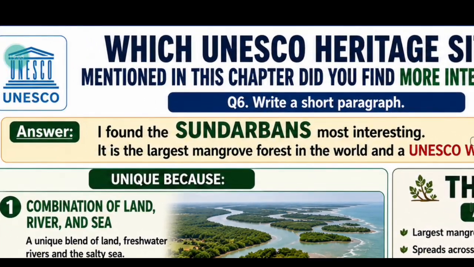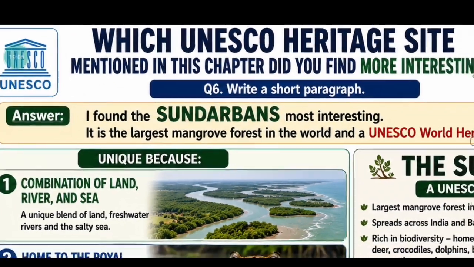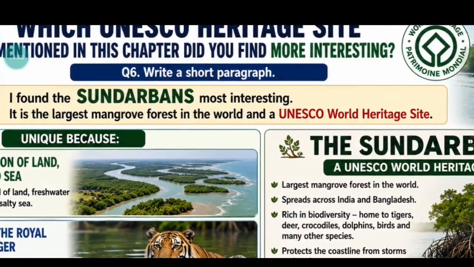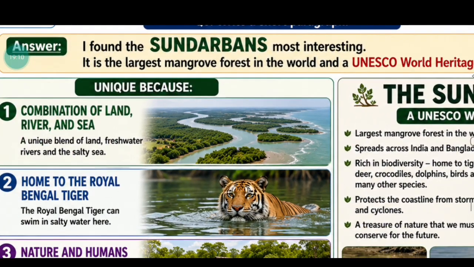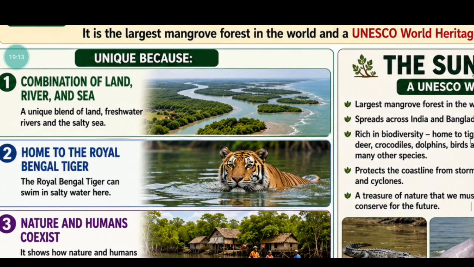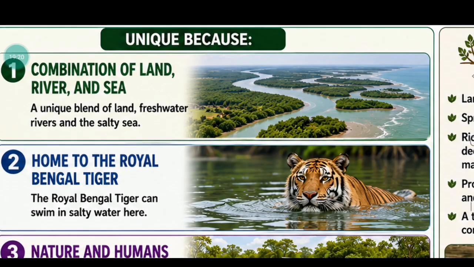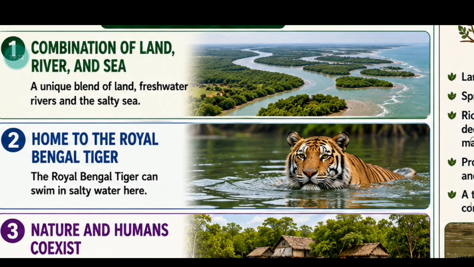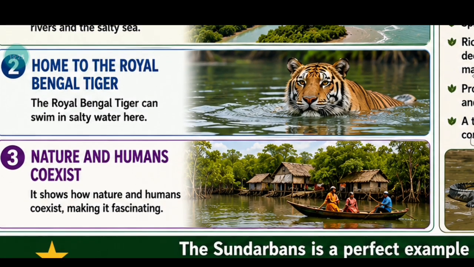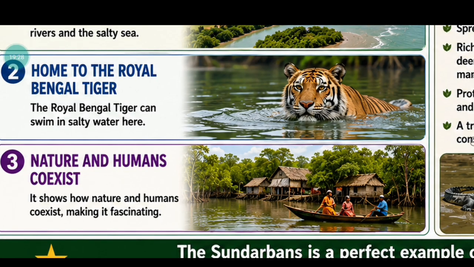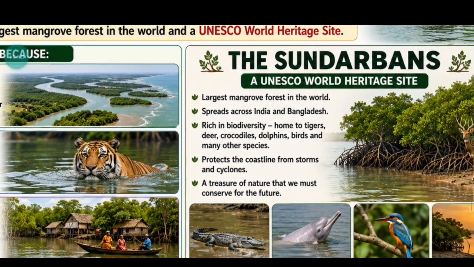I found the Sundarbans most interesting. It is the largest mangrove forest in the world, a UNESCO World Heritage Site, right? This is unique because of the combination of land, river and sea, right? It is home to the Royal Bengal tiger, right? Nature and humans coexist together, as you can see in these images.